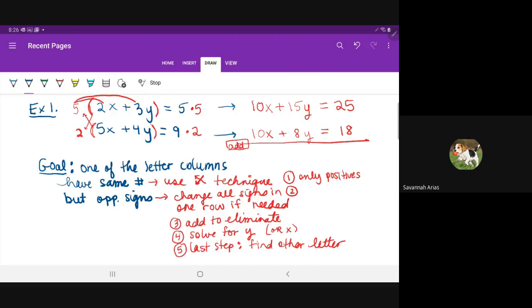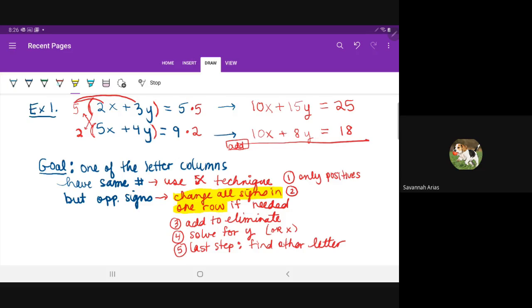So change color. Whatever color you wrote that in, like if you wrote it in red, then I'm writing mine in blue. Use a different color. And what we're going to do is look at step 2. Step 2 says, I'll highlight this one, change all signs in one row if needed.